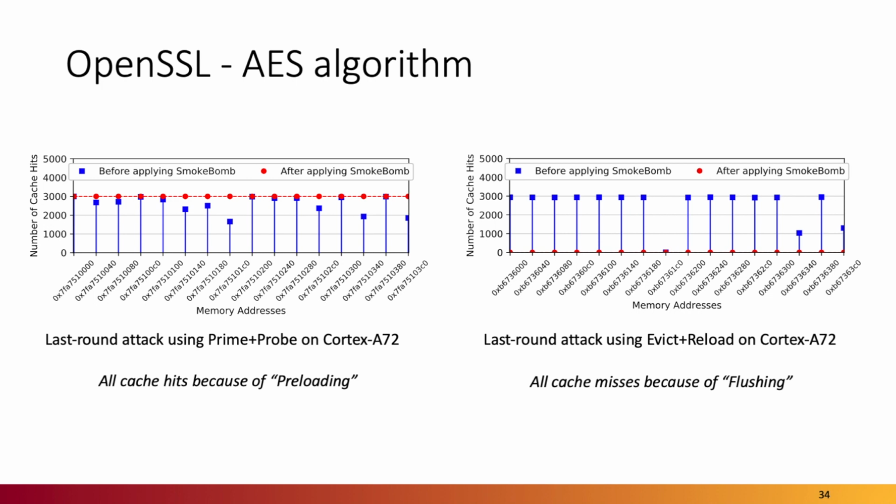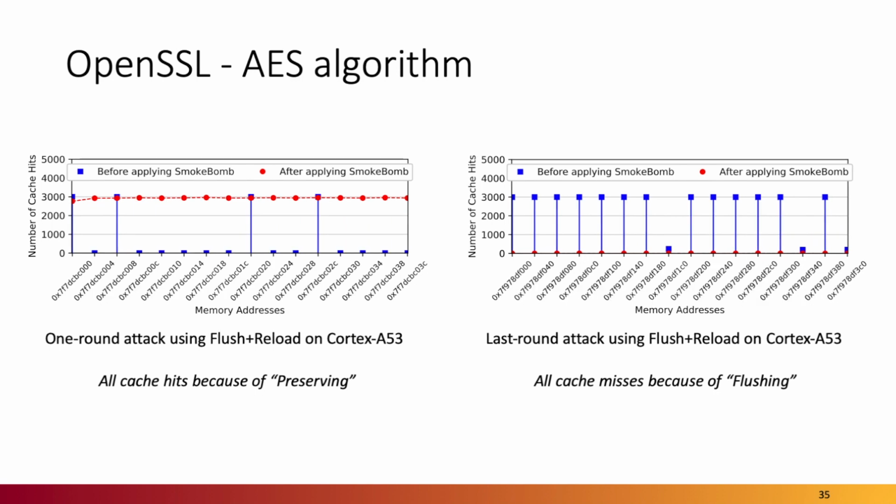First, we evaluated the effectiveness of SmokeBomb with the AES algorithm in the OpenSSL library. As these attack results show, without SmokeBomb, attackers can clearly distinguish the key data. However, with SmokeBomb, attackers can only have either all cache hits or cache misses.